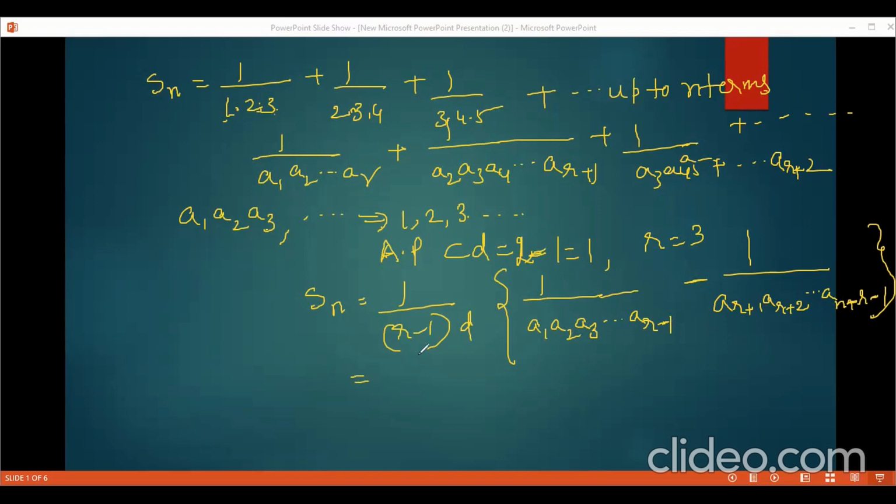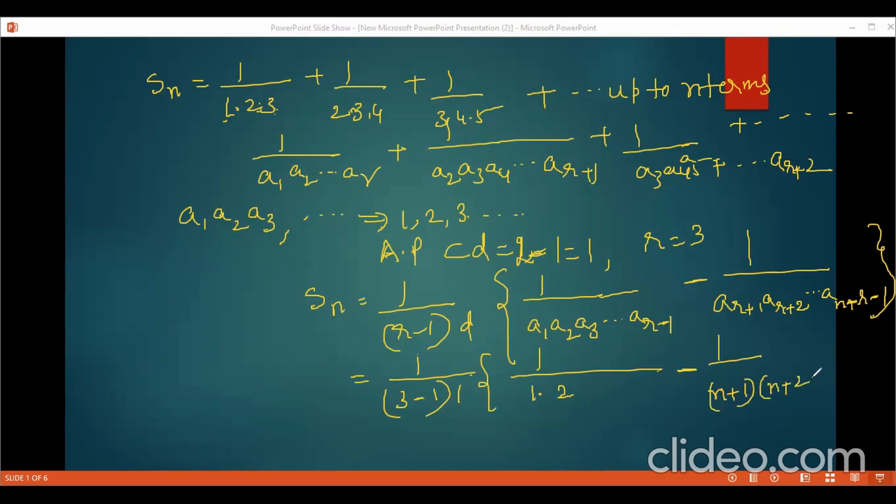So now we substitute all the values. We know r is equal to 3 here, 3 minus 1, and d is 1. And then 1 by a1, a2, a3: so 1 by a1 is 1 into 2, minus 1 by (n plus 1) into (n plus 2).